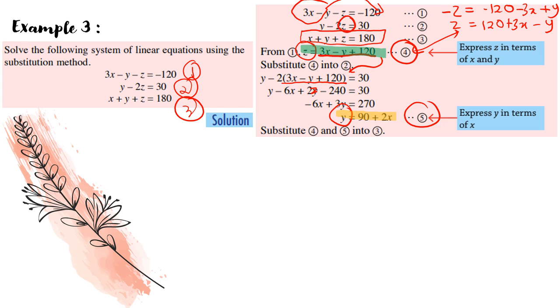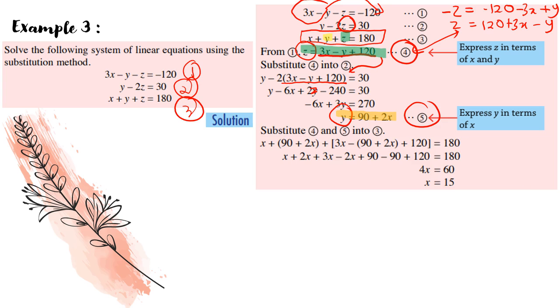Substitute z into here and y into here, using equation number 3. That's why x plus y, the yellow color, becomes 90 plus 2x. This one is actually y plus z. z is actually 3x minus y plus 120 here.